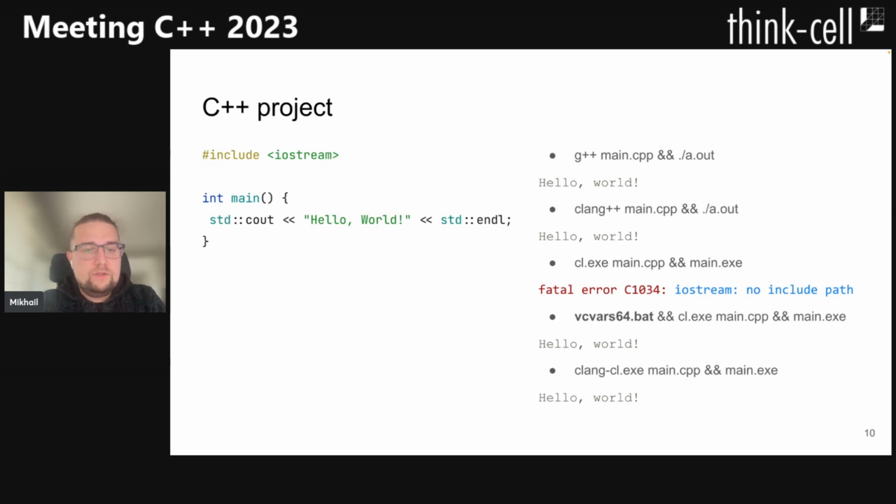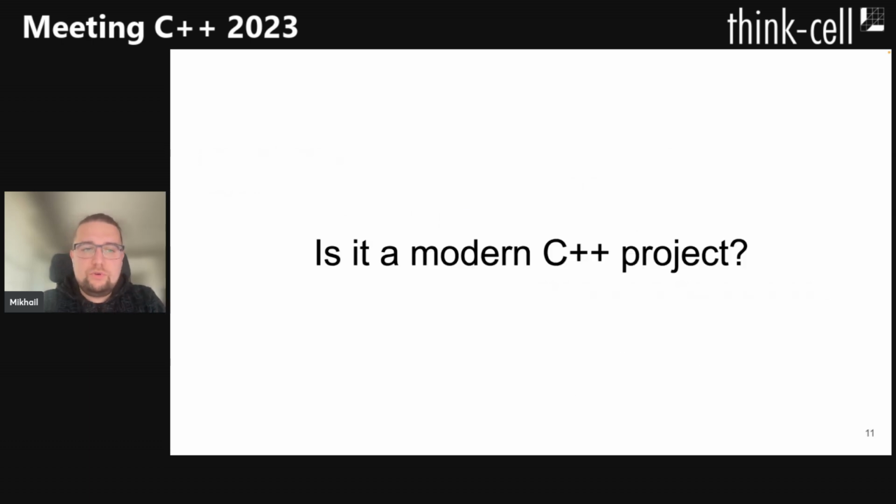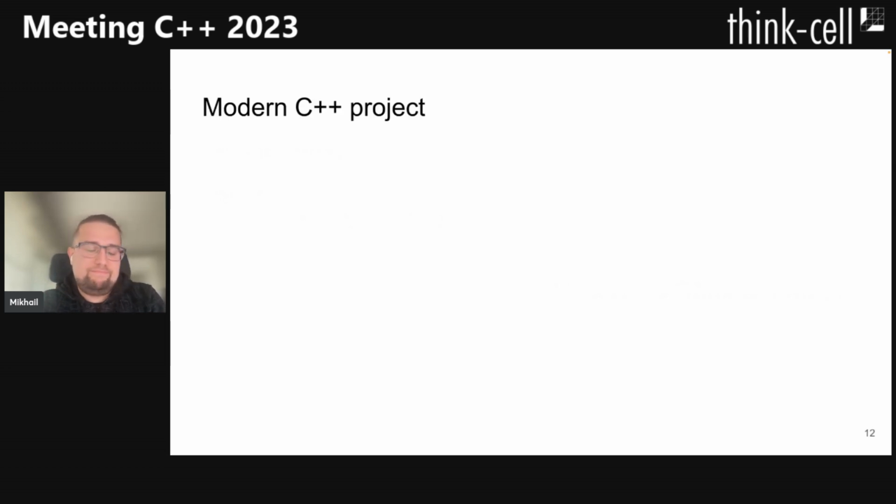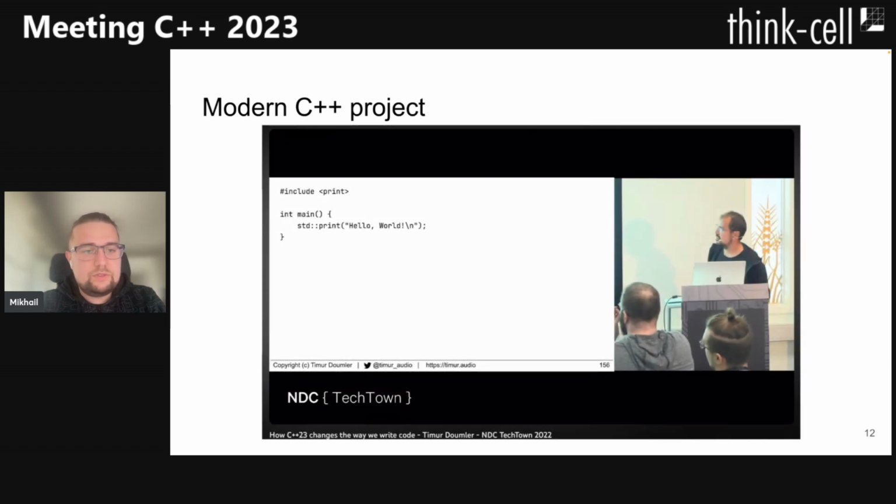Okay. Now let's think, is it actually a modern C++ project? I mean, that hello world looks like, I don't know, 10 years ago. So one year ago, I was at NDC TechTown, and there was Timur who was showing the new modern hello world example, which I kind of liked.